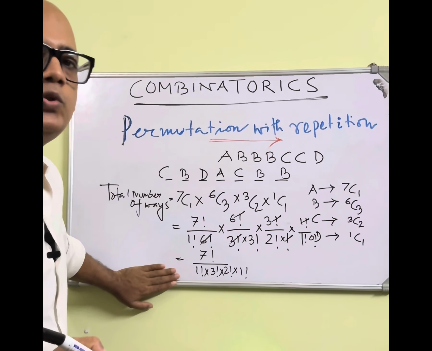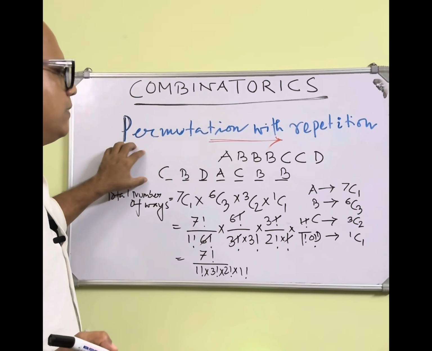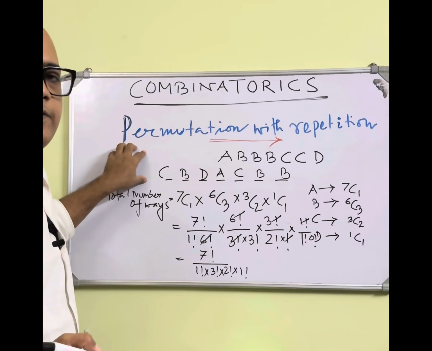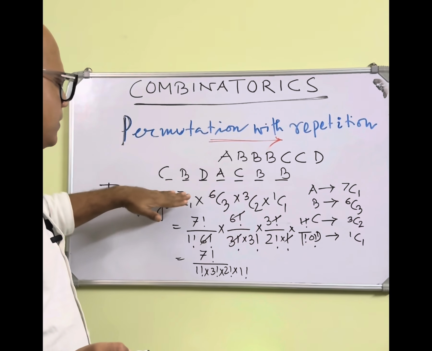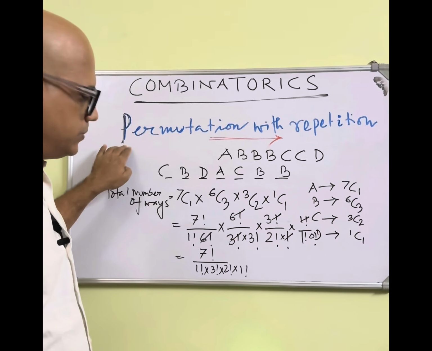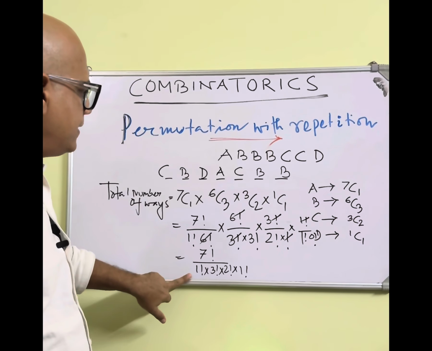So this is the total number of ways of forming 7-letter words. How are we getting that?